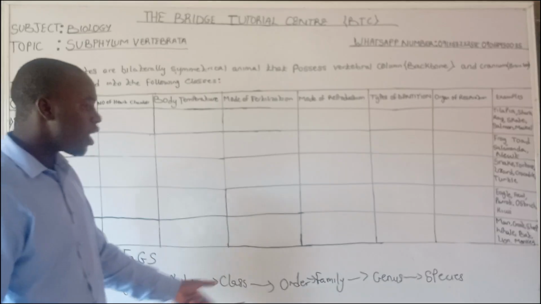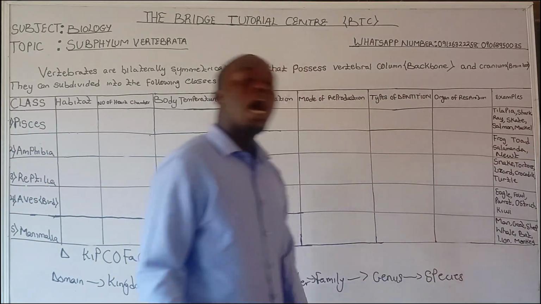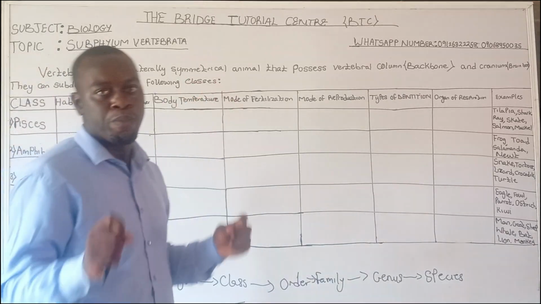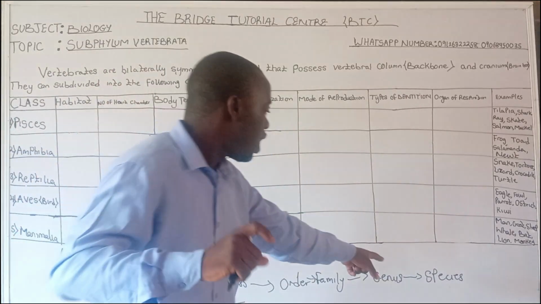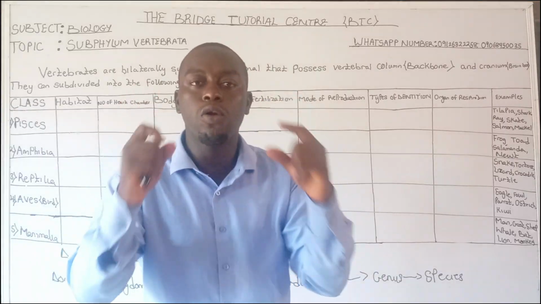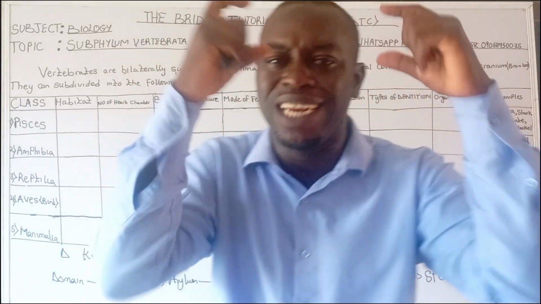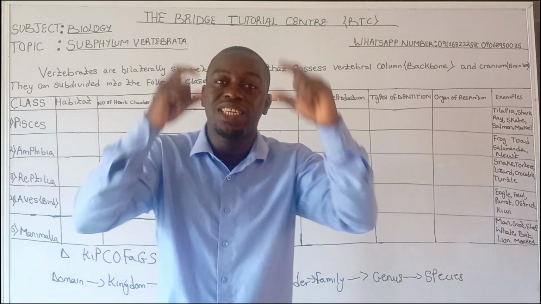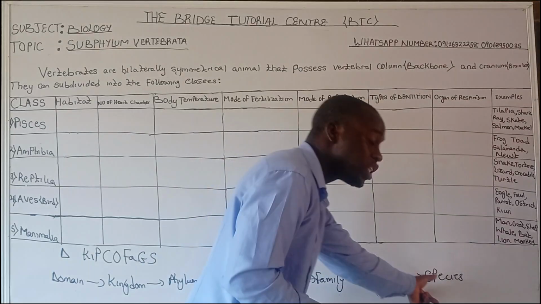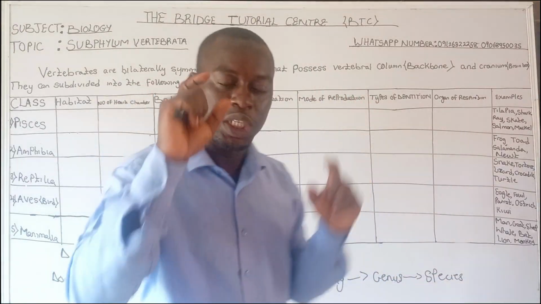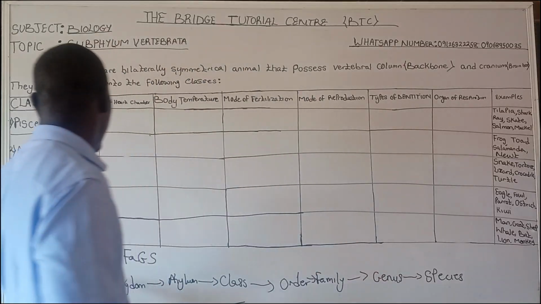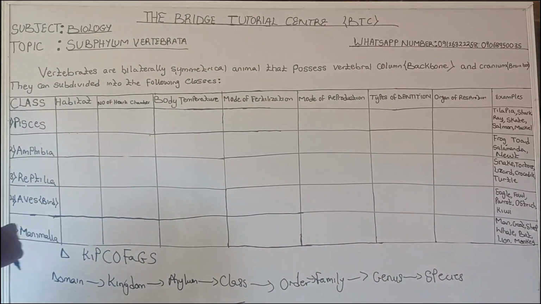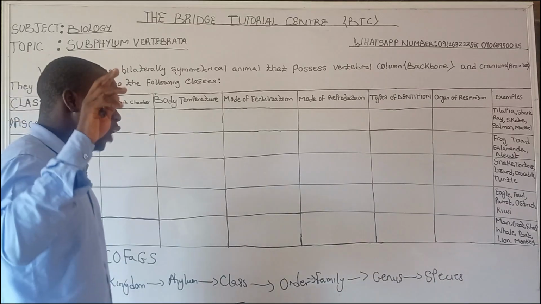The smallest one is species, which contains the least number of organisms. Those organisms inside a species are closely related organisms that can interbreed with one another. So for organisms to interbreed naturally, they must be of the same species. Species contain the least number, while the domain contains the largest number. Don't forget those two key points.